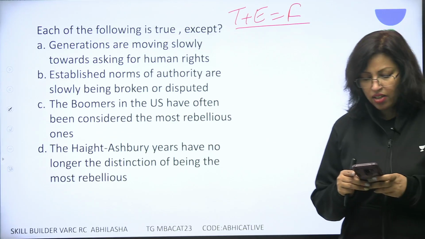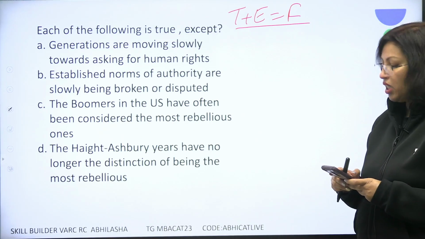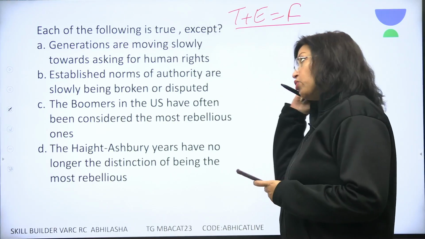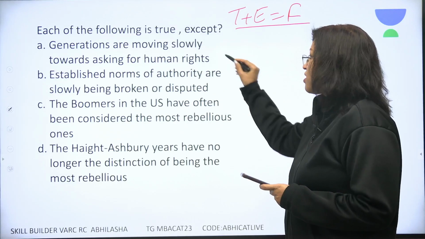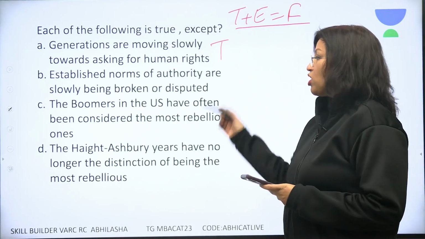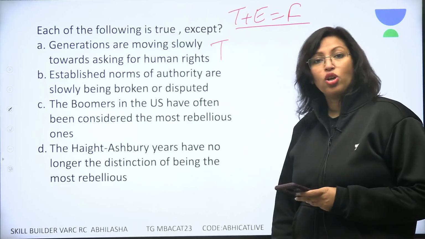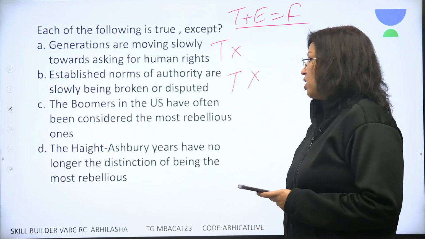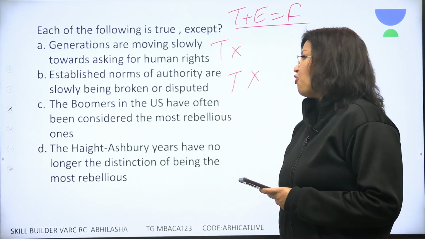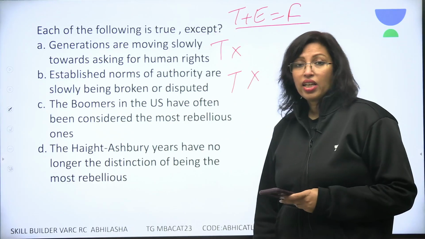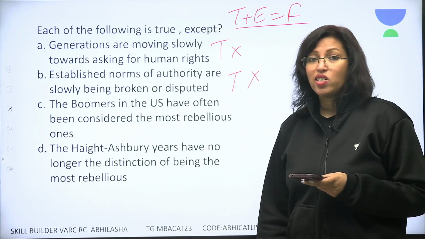Okay, so which of these are true? Take a minute. So let's take a look. Generations are moving slowly towards asking for human rights is true. The very first line of the passage said that. Established norms of authority are slowly being broken or disputed was also mentioned there. So true cannot be my answer. The boomers in the US have often been considered the most rebellious ones. Well, you have seen that this is not true.